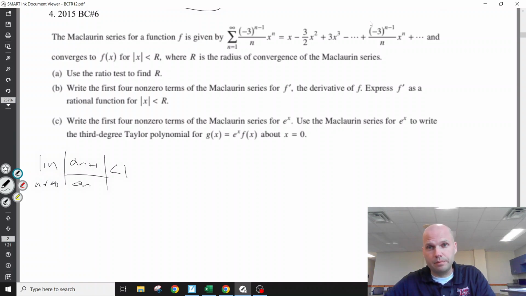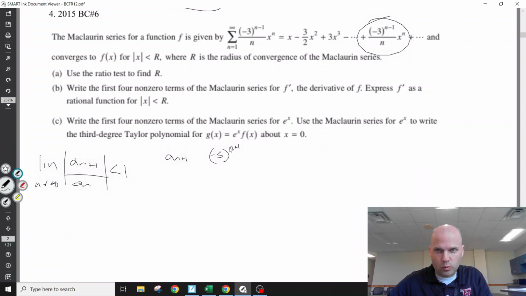We have the nth term. We need the n plus first term. Negative 3 to the n plus 1 minus 1, which is just n, over n plus 1, x to the n plus 1. All right, so that's my n plus first term.